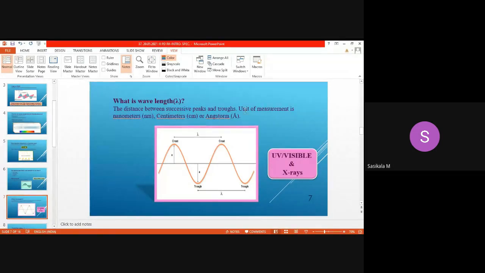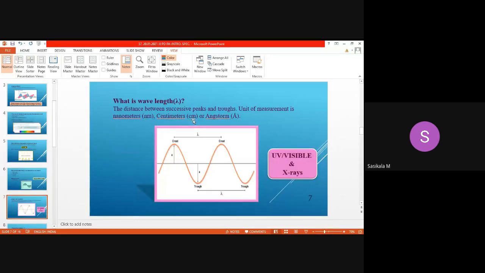And what is the unit of distance? The unit of measurement of wavelength is nanometers, nm. You should have seen 250 nanometer, 350 nanometer. You will be using nanometers in UV visible spectroscopy practicals.